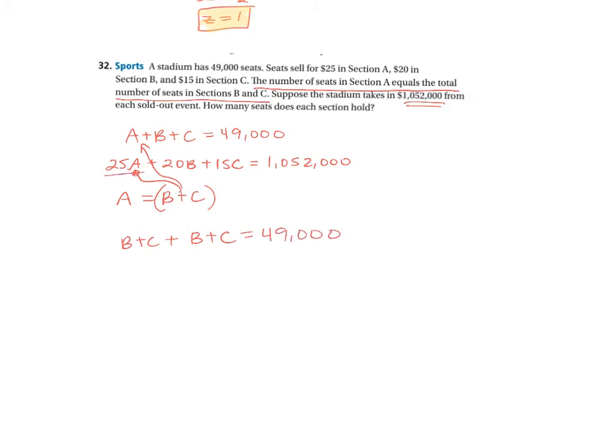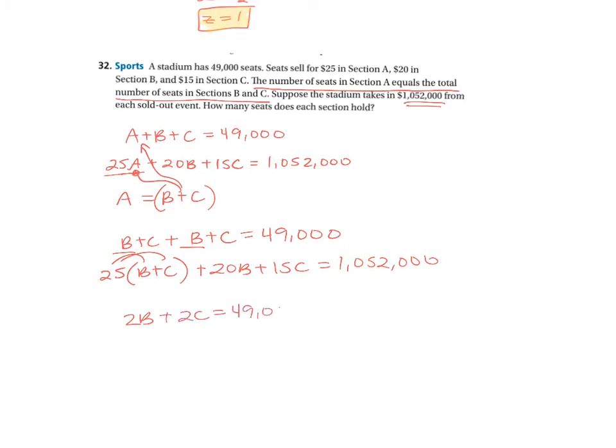And then down here, it's going to be 25 times B plus C plus 20B plus 15C equals 1,052,000. And then make sure you distribute that. This would be up top 2B plus 2C equals 49,000.